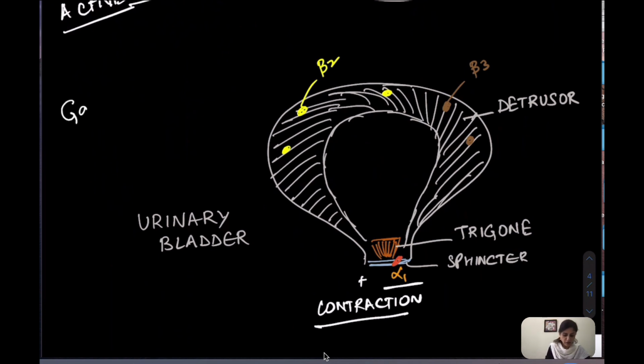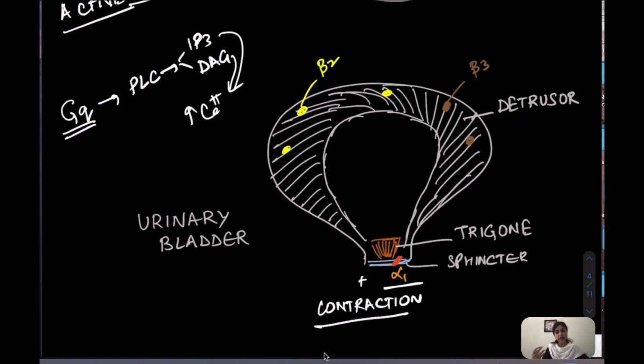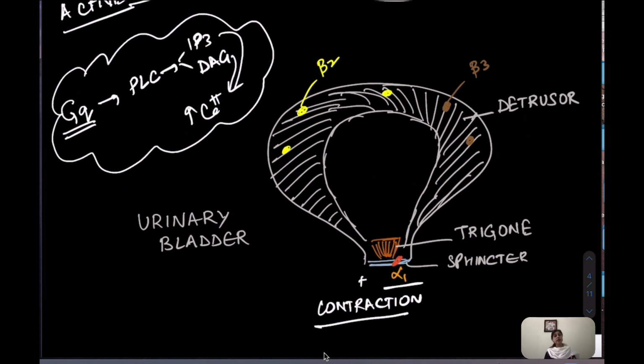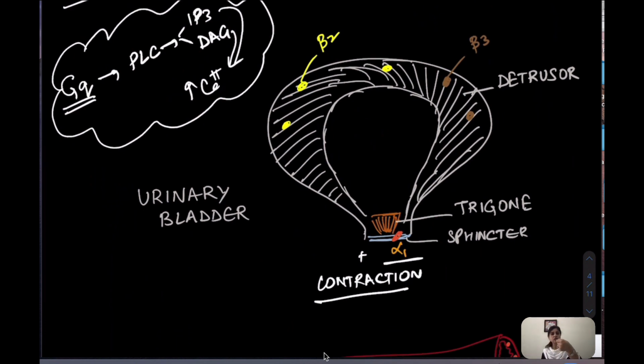Because the Gq type of proteins, when stimulated, stimulate the enzyme phospholipase C, which ultimately leads to the formation of IP3 and DAG, and both of them lead to an increase in the calcium ions, and that leads to the contraction.